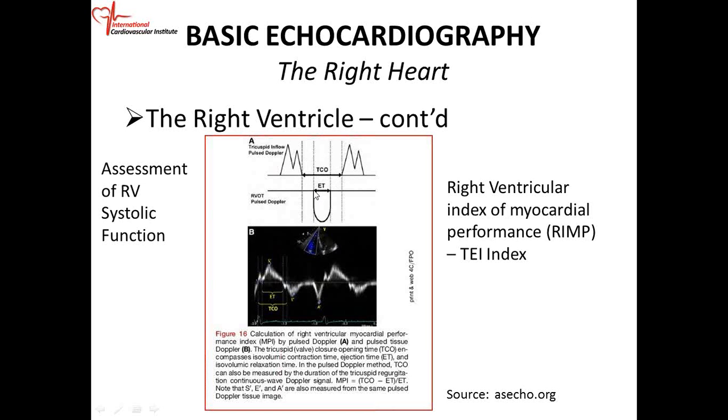So remember the formula: if you subtract ejection time from this, you're going to be left with IVCT plus IVRT. So tricuspid valve closure-to-opening time minus ejection time equals IVCT plus IVRT, and then in the formula you divide it by the ejection time.